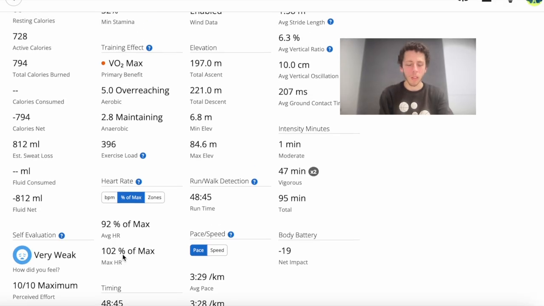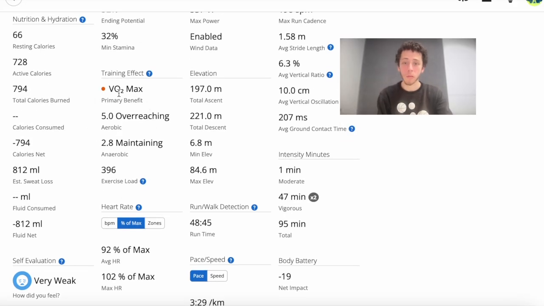And then you can see that the self-evaluation also matches with the training effect. So it says that the primary benefit was the VO2 max, but then also demonstrates both aerobic and anaerobic capacity on a scale of 5. So it tells you whether you're overreaching, maintaining, underperforming, or stable, and it gives you a performance indicator out of 5 on aerobic or anaerobic.